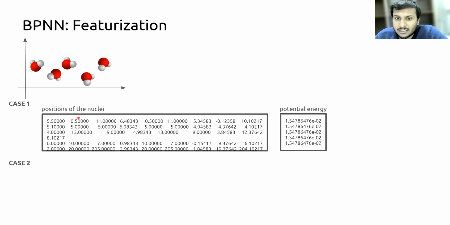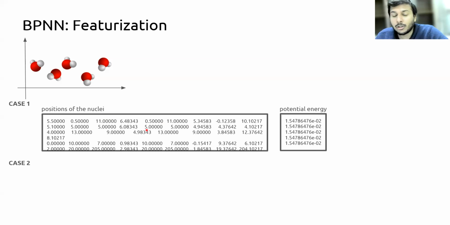The only reason I've done this is because I want to show you that you will be dealing with situations where a lot of configurations will have exactly the same energy. In this case, all that I've done is randomly translate and rotate the water molecules, and that doesn't change the potential energy.